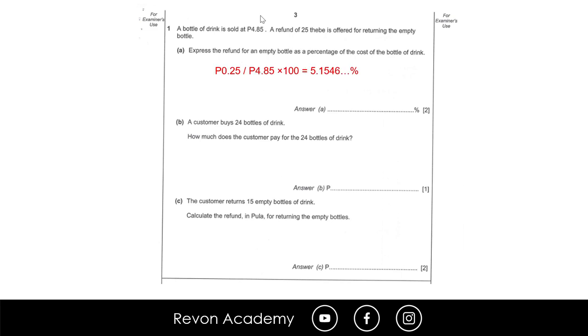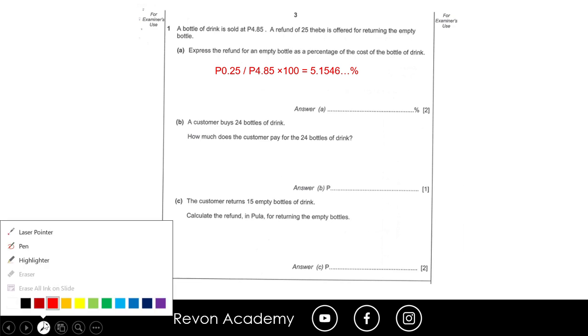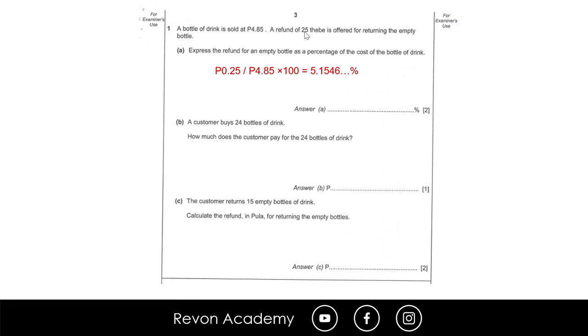So it's very easy. You're going to take the refund, which is 25 thebe. That's how you express 25 thebe in pula: you divide the 25 by 100 to get 25 cents.